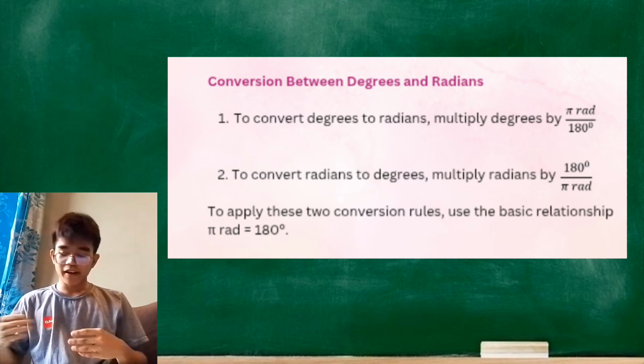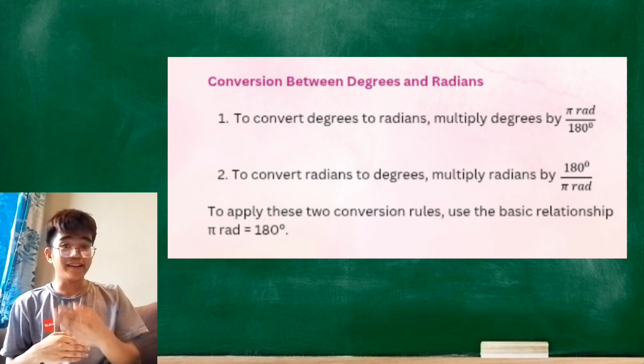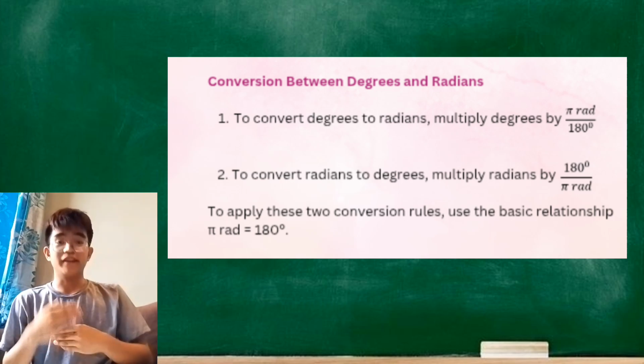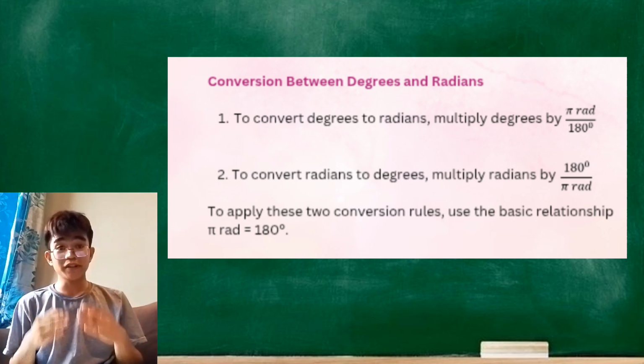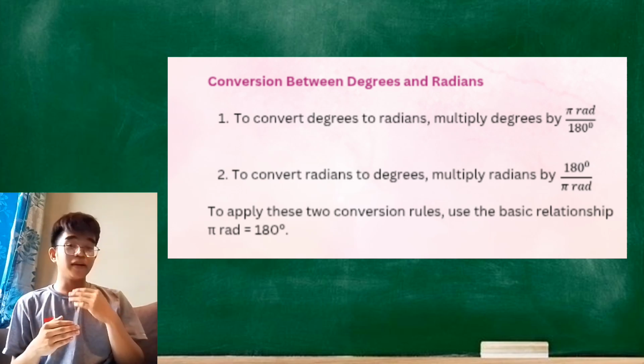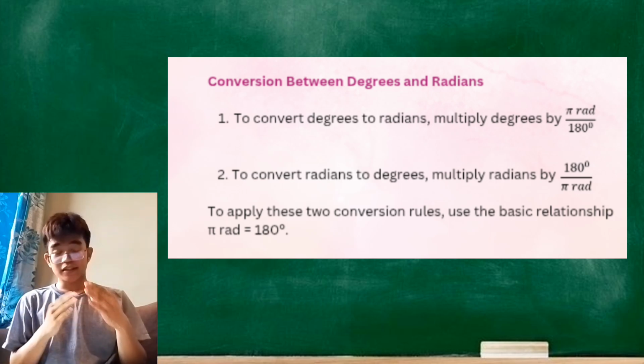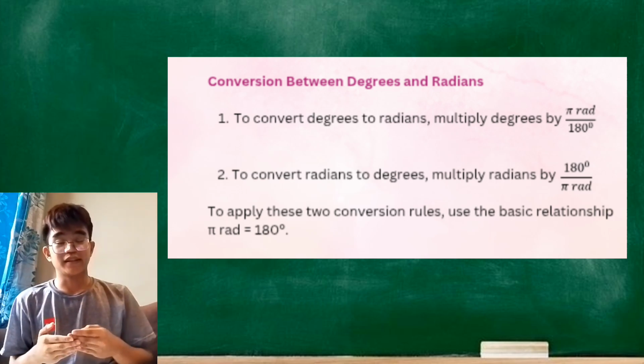To convert radians to degrees, multiply radians by 180 degrees over pi radians. Now always remember to apply these two conversion rules. Use the basic relationship that pi radians is equal to 180 degrees.